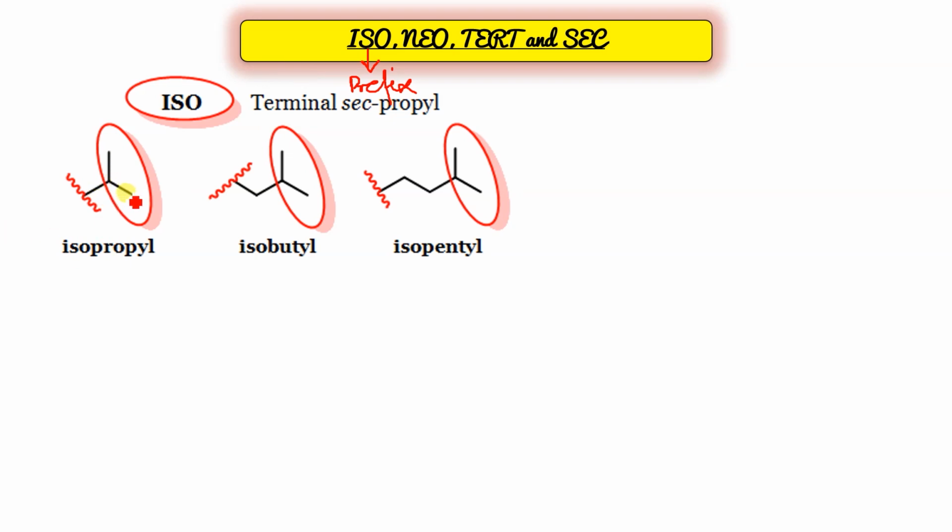As for example, see, this is the branch over here, and it is at the second position, so 1, 2, we can see. At the second position the branch is there, so that's why it is called isopropyl. In the same way, you can see 1, 2, 3, 4 carbons, but at the second position there is a branch, so it is called isobutyl. Similarly, here 1, 2, 3, 4, 5, so pentyl, but the branch is at the second position.